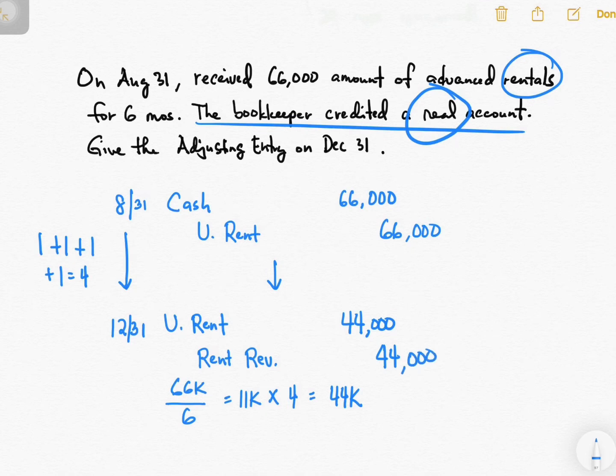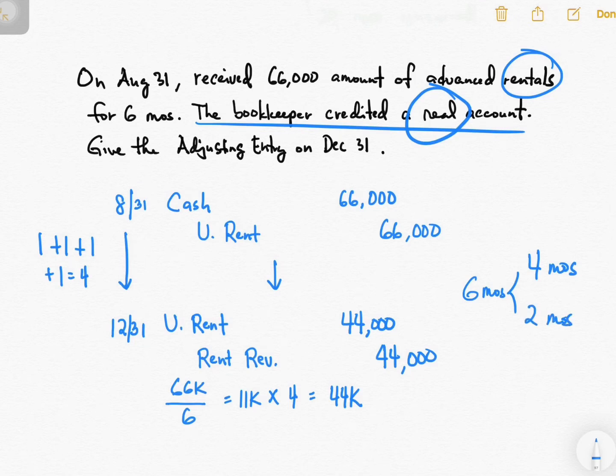And as I said earlier, if you are doing the adjusting entry for liability method, because this is a liability method, right? You are concerned with the earned portion. So you have 6 months in total. How many months is earned this month? It's 4 months, right? And then for the months unearned, it's 2.